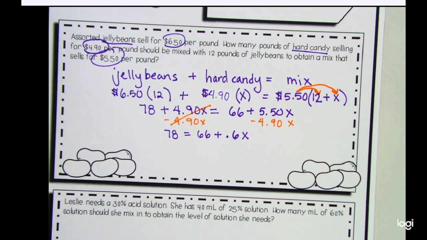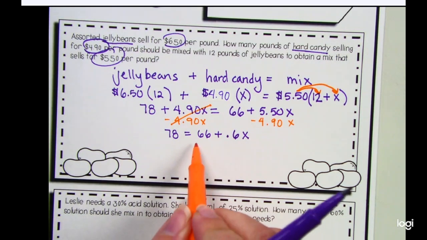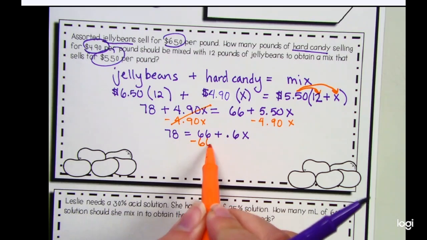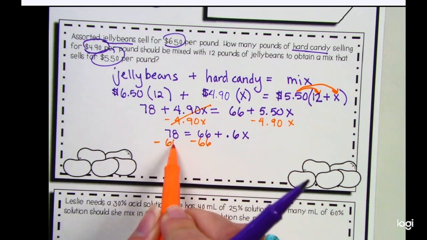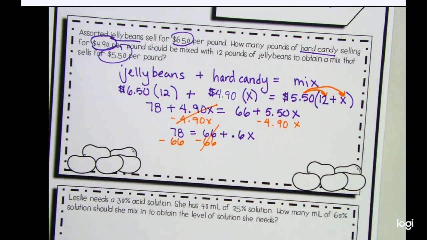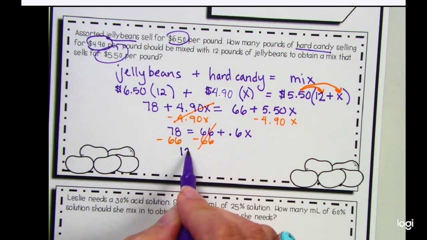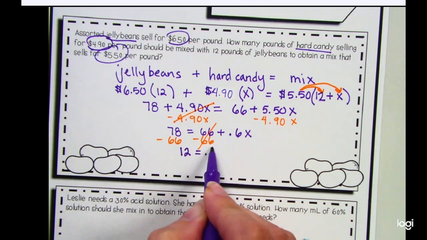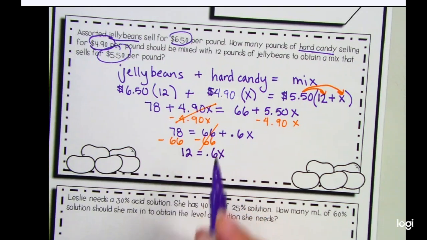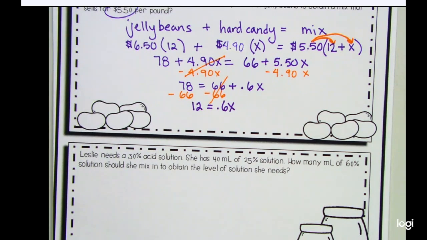Now what do we need to move? That's 66. 78 minus 66 is what? 12, thank you. And what's our last step?